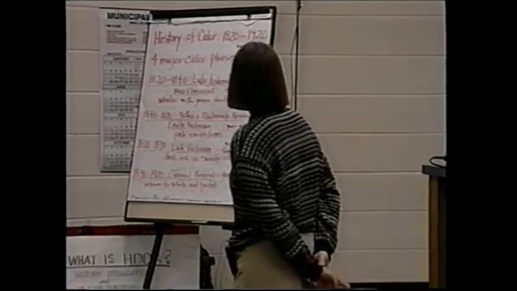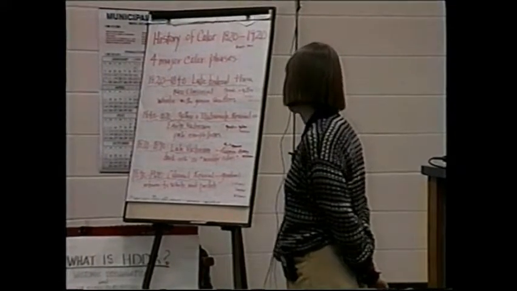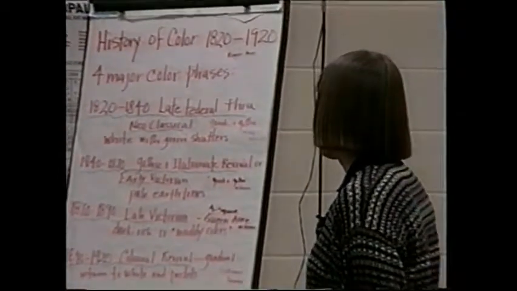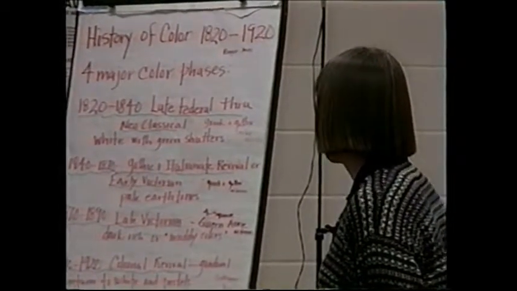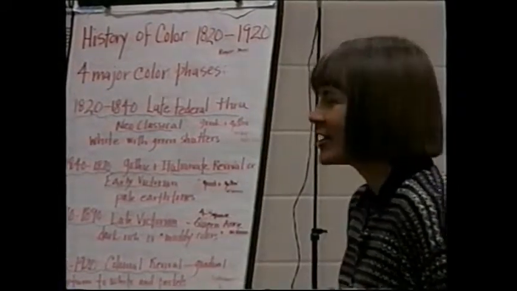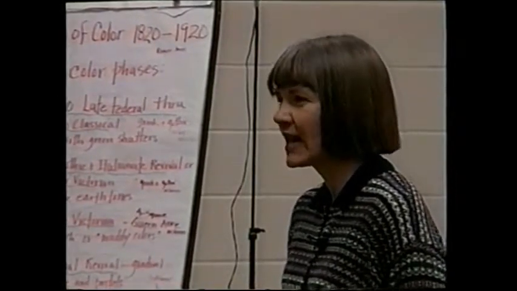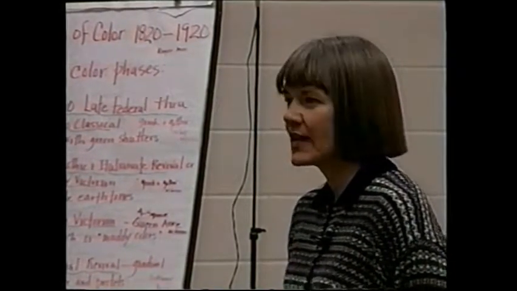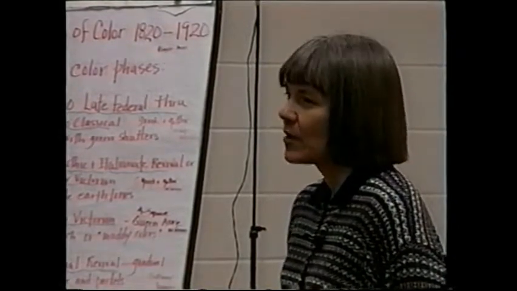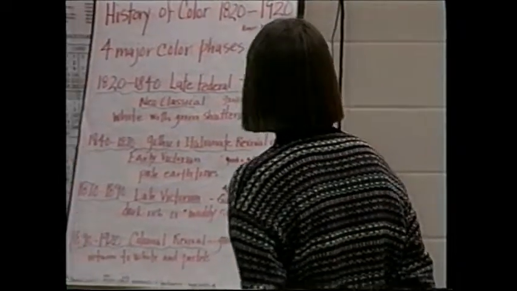And then we got into the 1840s to 1870, and that's the Gothic and Italianate revival, or the early Victorian period. This is where Andrew Jackson Downing, an architect, started raising the controversy that white is really an atrocious color. It doesn't blend in with the natural surroundings of homes, the greens, the browns, the trees. And so he had people really think about what they were looking at.